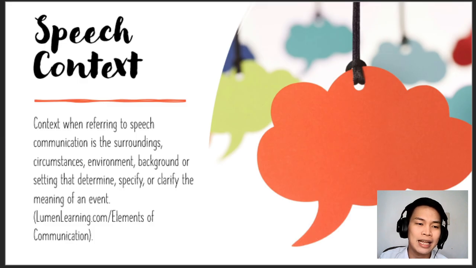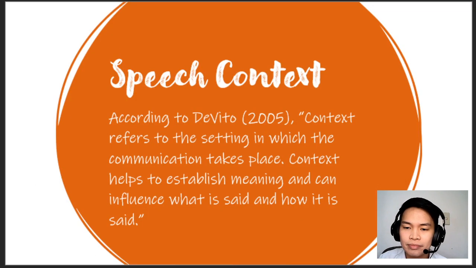To better understand that, let's read the definition of speech context from luminlearning.com. Context, when referring to speech communication, is the surroundings. Again, that's part of the situation, circumstances, environment, background, or setting that determines, specifies, or clarifies the meaning of an event. We'll be talking about the different events later on.